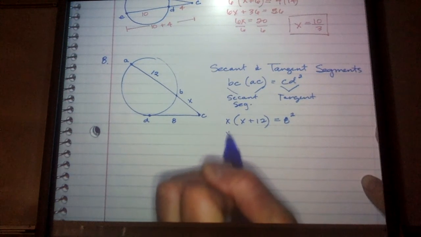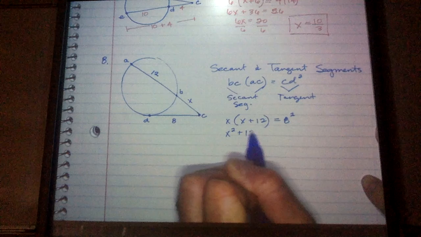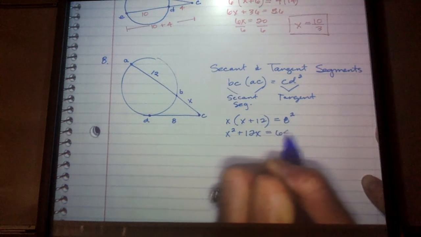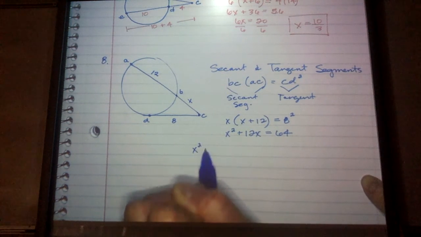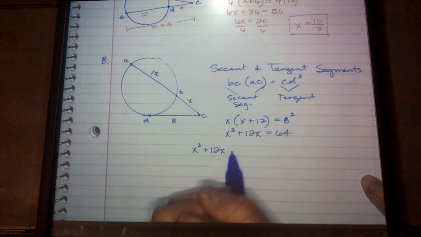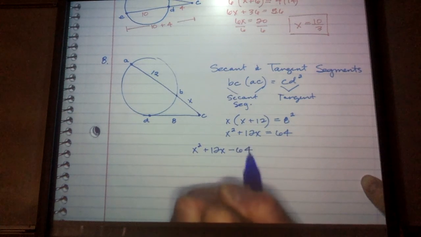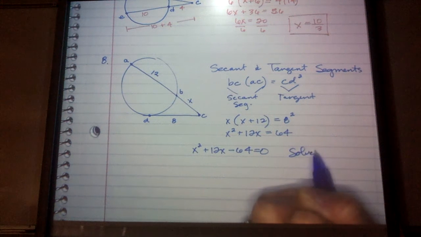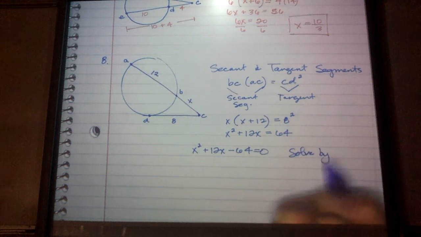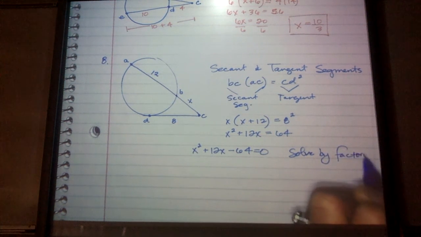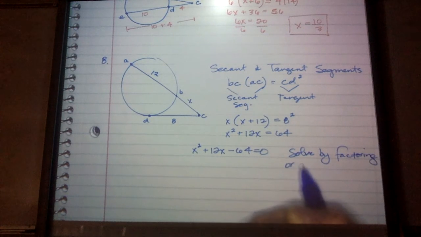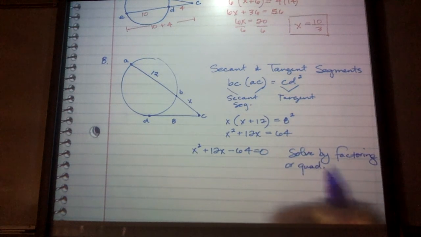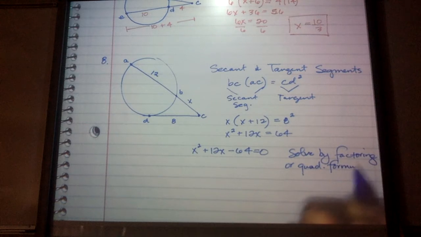If I distribute, I get x squared plus 12x equals 64. So x squared plus 12x minus 64 equals 0. You can either solve by factoring or the quadratic formula. It's really up to you.